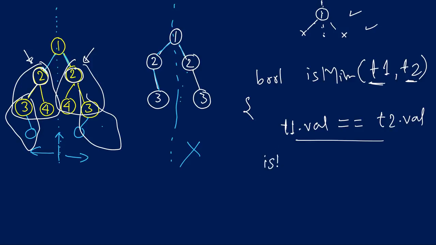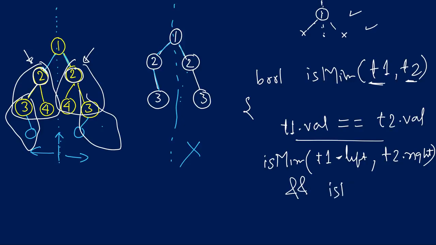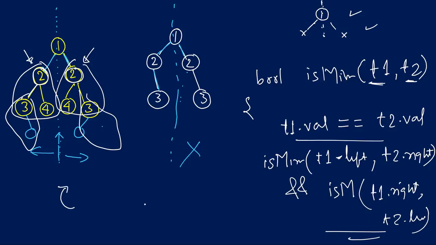So the same function we can call recursively: isMirror of T1.left and T2.right, and isMirror of T1.right and T2.left. And if it's true for every subtree below all the nodes, from the bottom it will start returning true, and this will propagate till the root. Anywhere it's violated, we will return false.